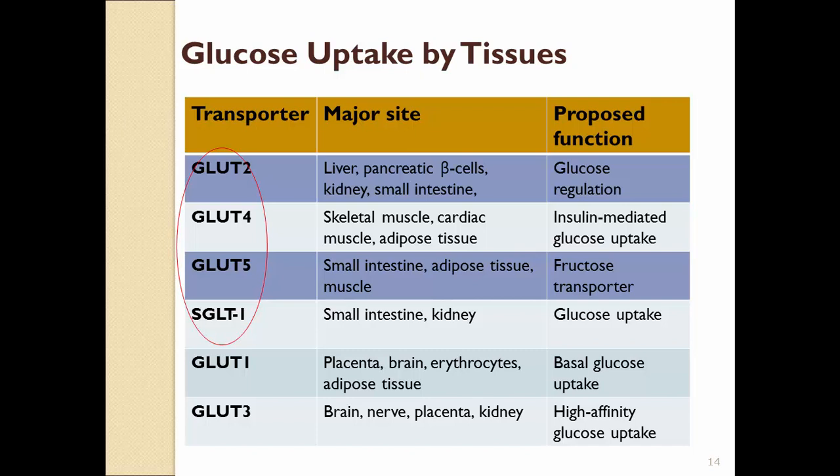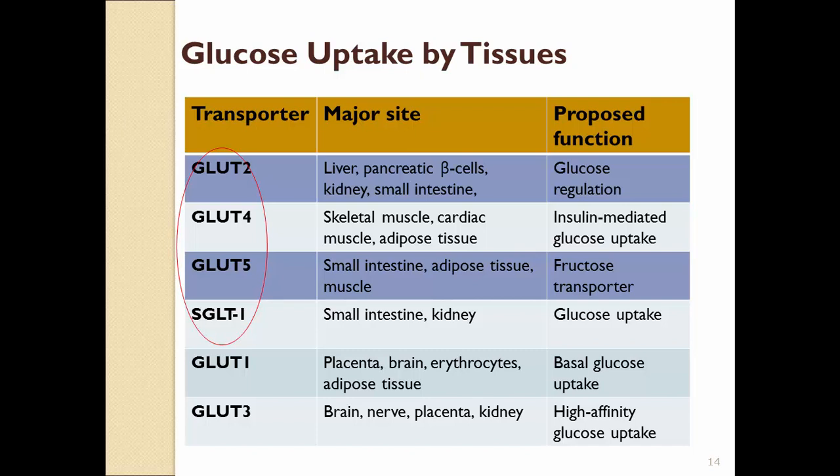So the liver and pancreatic beta cells are the major sites that express GLUT2. And GLUT4 is usually in skeletal muscle, cardiac muscle, and adipose tissue, which are the major tissues that express GLUT4. And GLUT5, do you guys already know, right?